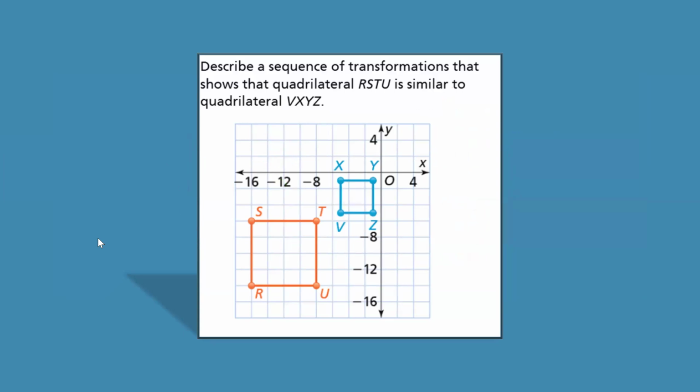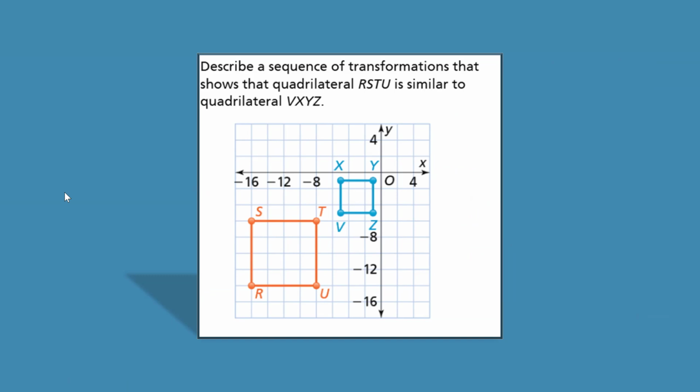Last question. Describe if the quadrilateral RSTU is similar with VWXYZ. So here, this is the picture of my shape.